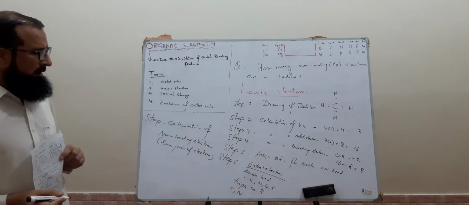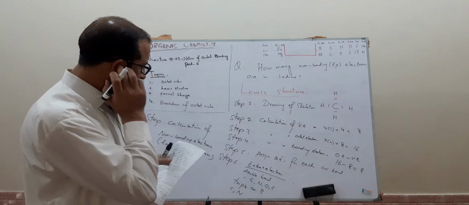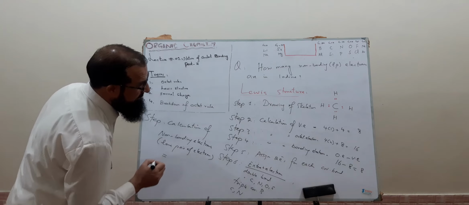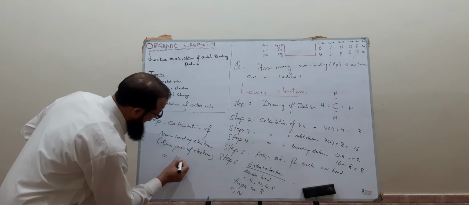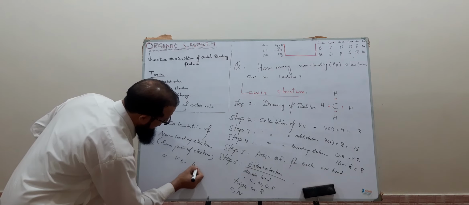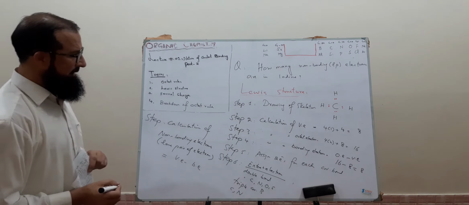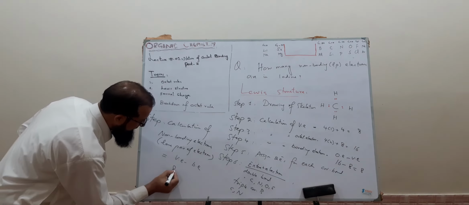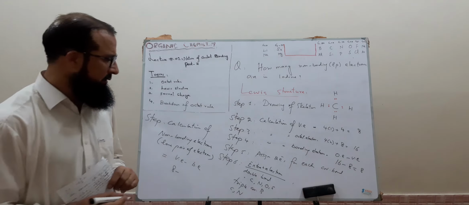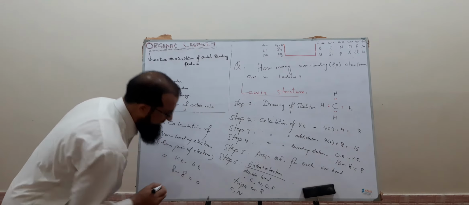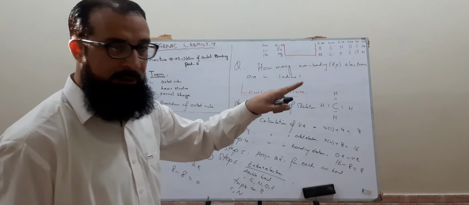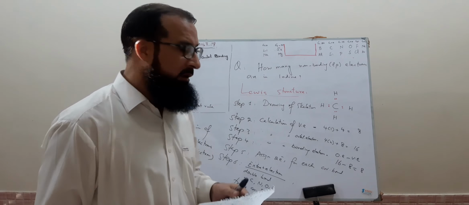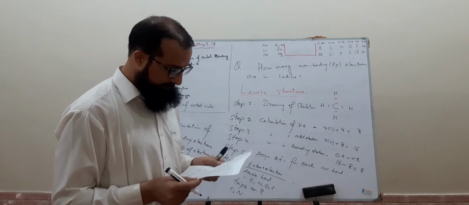For this, we subtract bonding electrons from valence electrons. How many valence electrons are there in this molecule? We have 8. And how many bonding electrons are there? We have 8. It means there are no non-bonding electrons in this molecule, or we can say no lone pairs of electrons in this molecule.